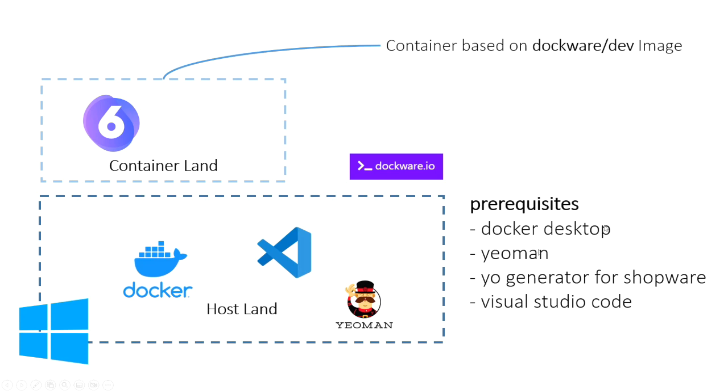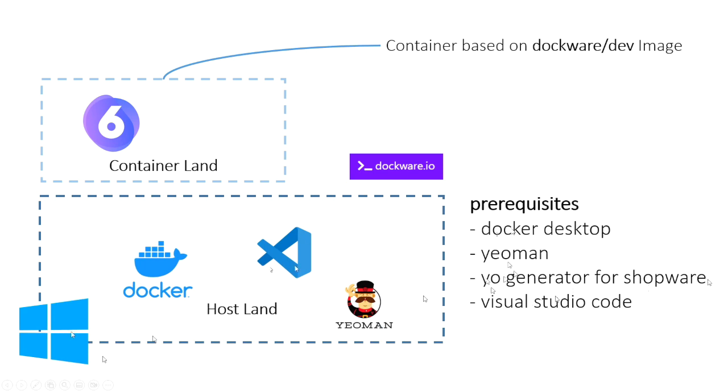For a quick overview, I prepared a small diagram. The host is Windows. You have Docker Desktop running, the Yeoman generator for Shopware, which is a small tool that we provided with some generators to create dev environment files, and you have Visual Studio Code.